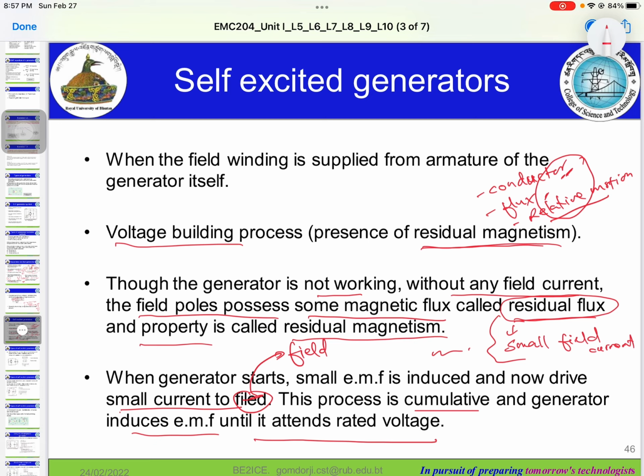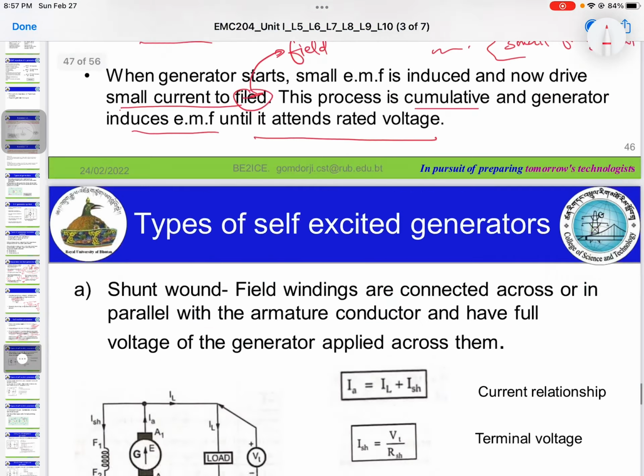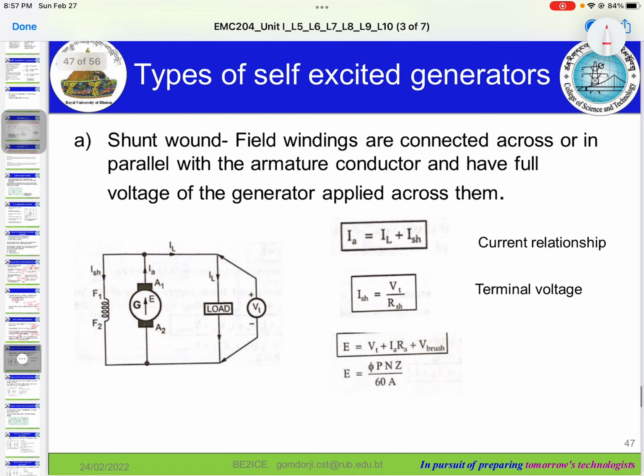Now under the self-excited generator, we again have three types, depending upon the type of connection of the field winding. The first one is the shunt one. Here the field winding is connected in parallel with the armature, and has the full voltage of the generator applied across it.